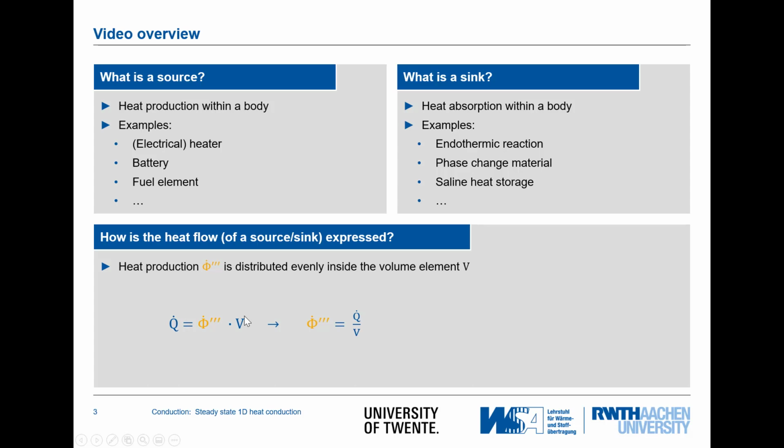Looking at the units, we have the heat flow in watt, and this is equal to the volumetric heat source times the volume. In other words, the volumetric heat source is the heat flow divided by the volume. And for the sink, we introduce the negative sign, which just means that the heat inside the volume is removed by the endothermic reaction.